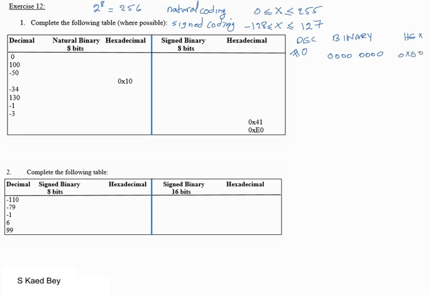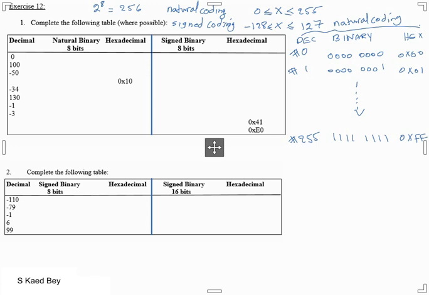If we keep counting all the way, then we will end up with the last number for an 8-bit, which is 255. However, for signed coding, this will be different.